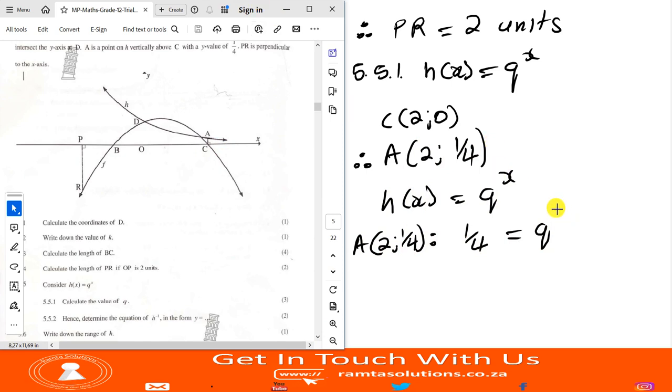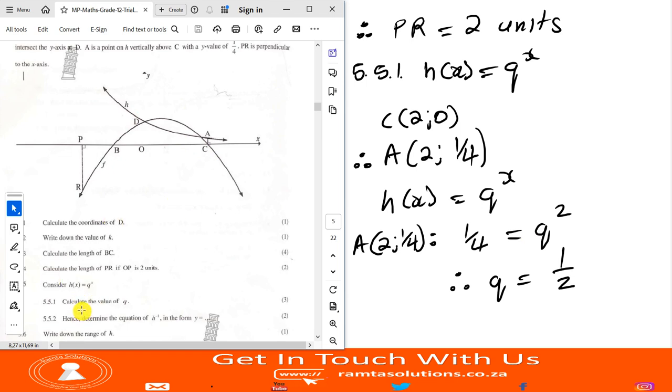This will mean that q is equal to half. I don't say plus minus because it will not work for an exponential function, since h is an exponential function.